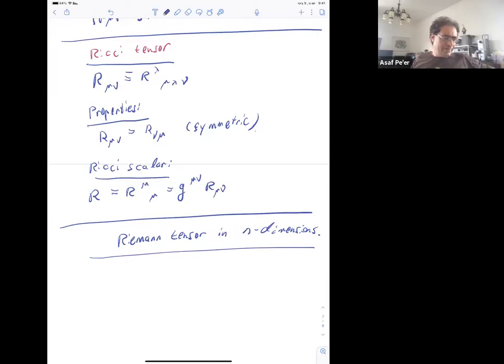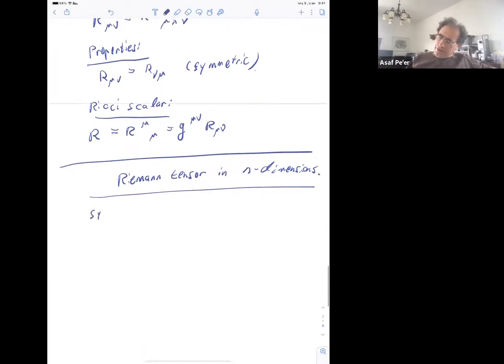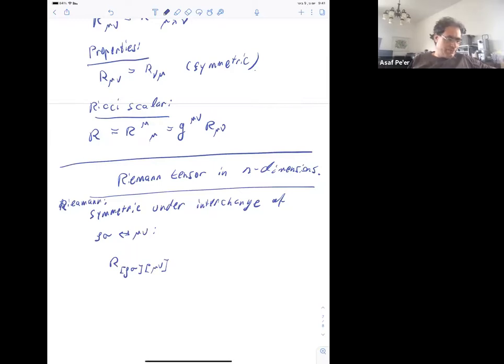Right? So if it's symmetric under interchange of the first and the second pair, we can think of it as R rho sigma mu nu, with each pair providing an individual index that goes, say, from 1 to m.